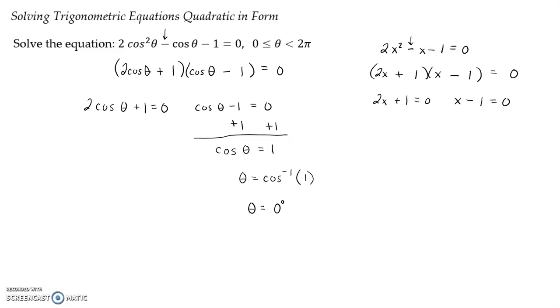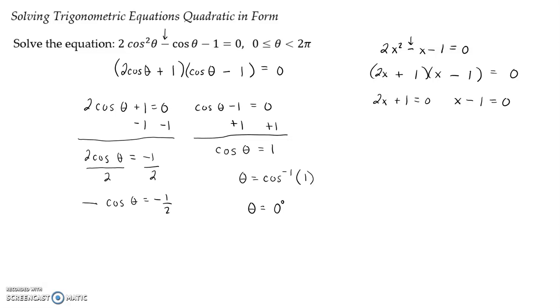Let's go ahead and take a look at our second equation that we had here. We can go ahead and subtract 1 from both sides. That's going to give us 2 cosine theta equals a negative 1. And we can go ahead and divide both sides by 2. And we're going to get cosine of theta equals negative 1/2.